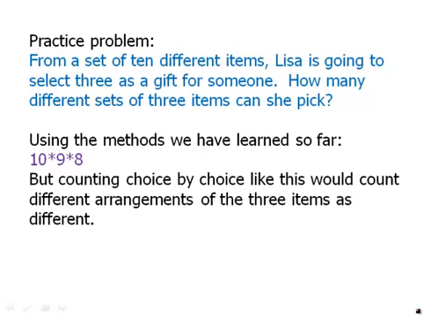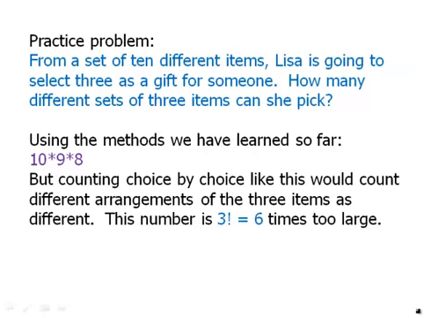It doesn't matter whether we pick necklace first, then ring, or ring first, then necklace. The order of selection does not matter. And when we're doing it in stages, we're explicitly including the order of selection as if it did matter. So 10 times 9 times 8 overcounts. It's 3 factorial, or 6 times too large, because we could rearrange the 3 gifts in any order and it would still be the same selection.